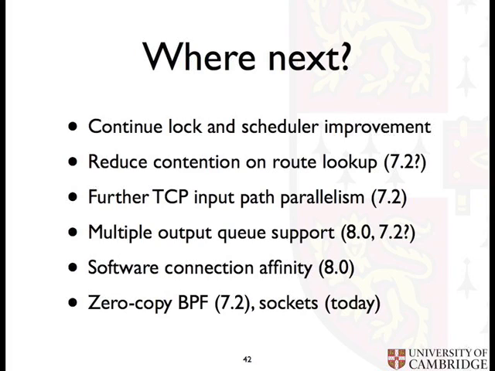Also, the software connection affinity is quite interesting. So the hardware is imposing on us this notion of affinity on connections, which we were interested in doing anyway, because we want to get cache behavior working right. And originally, when we started doing the work, we were sure that the software would determine what the affinity of connections was. Well, the hardware is not able to pin individual connections very effectively to individual queues.